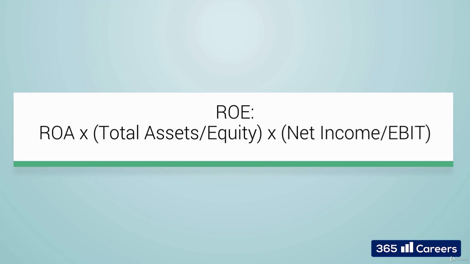ROA is a measure of profitability that does not consider financial structure. Then we have the debt-to-equity ratio, which is an indicator of the company's financial structure, showing the ratio between external and owned financing. And finally, the third ratio incorporates the impact of non-operating items, financial items, taxes, extraordinary items, on the company's profitability.